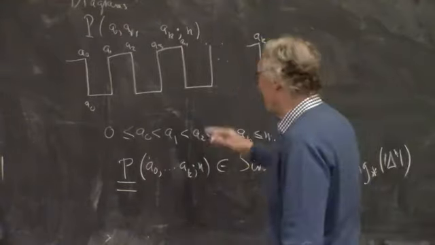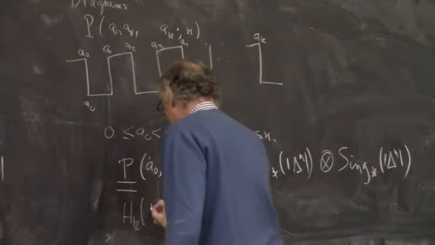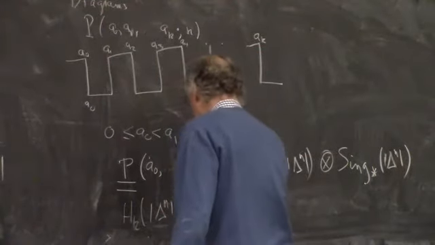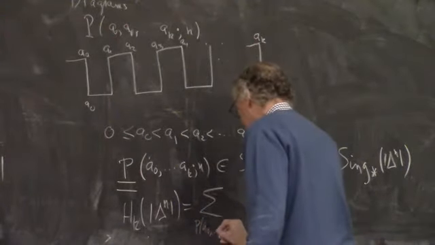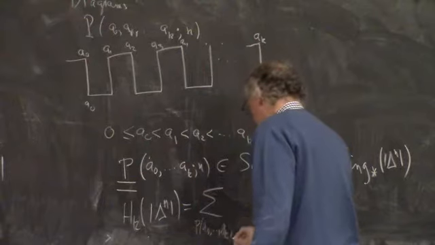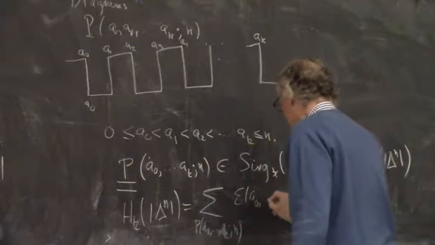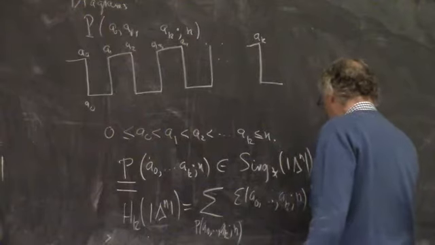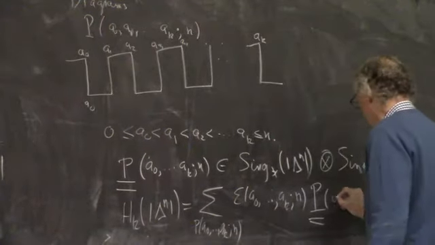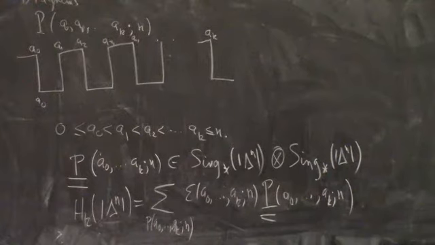And to define HK of delta N is a sum over all diagrams, like this, of the sum times this thing. Times the tensor element, tensor product associated to the diagram. Okay. Exactly what we did before.